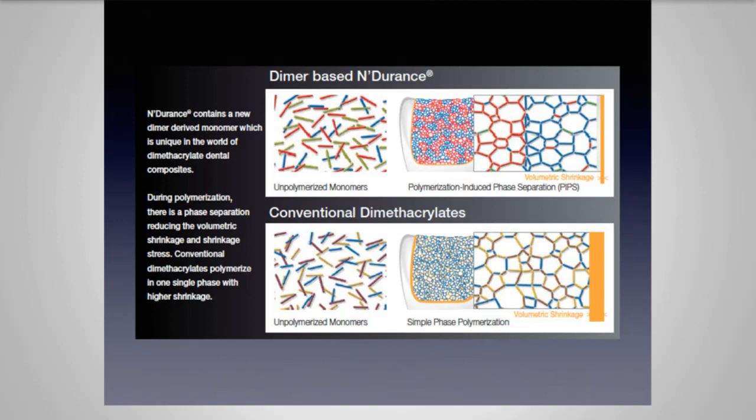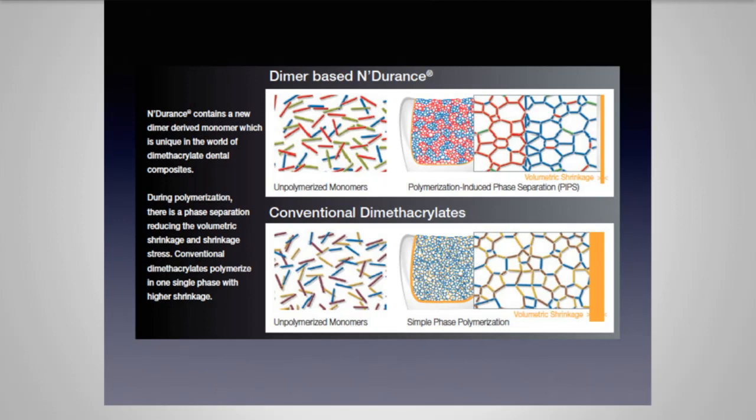In the lower diagram, you will see that the material here is all basically fused together in one diagrammatic clump. When the composite cures, there's a single phase of polymerization that basically stiffens the gel of the composite all at once.